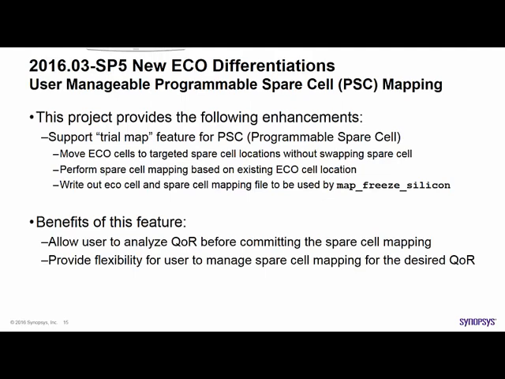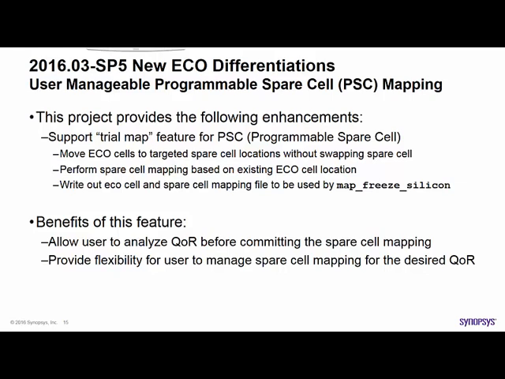The next new feature is user manageable programmable spare cell mapping. This project provides a trial map feature for programmable spare cells. With this feature, Place Free Silicon can move ECO cells to targeted spare cell locations without swapping them.